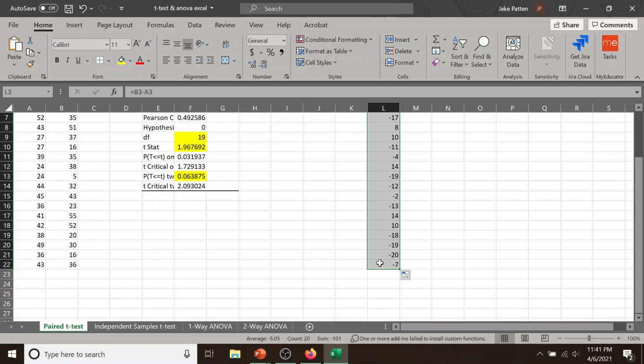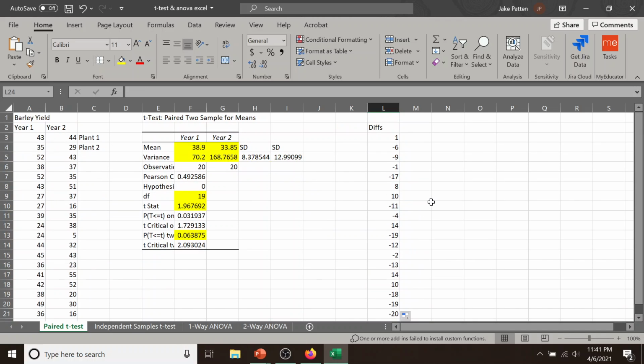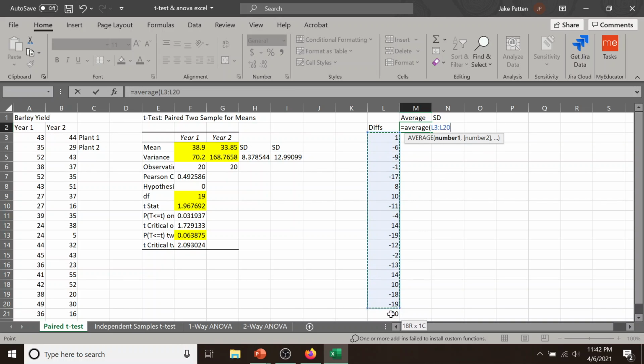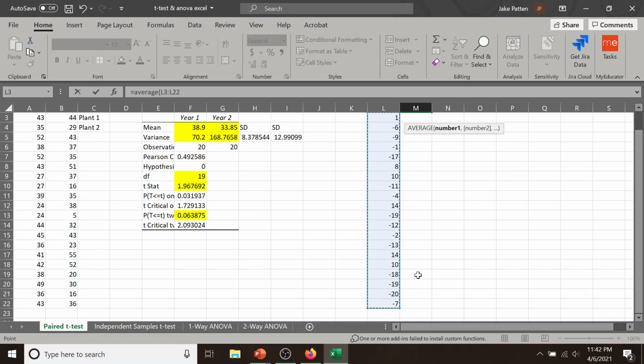Good. And one thing that we want to do is find the average and standard deviation of those difference scores. So we're going to type in average and standard deviation. For average, we're going to say equals AVERAGE, open parenthesis, and select all of these difference values.